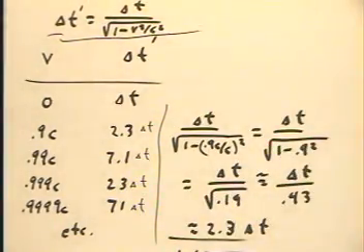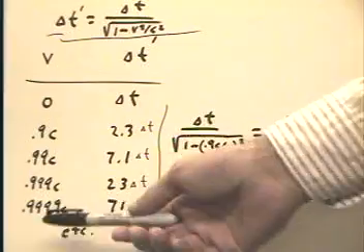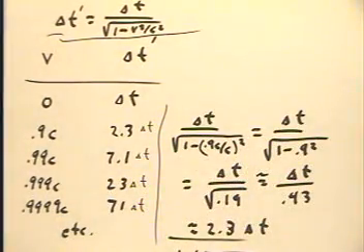Now, it's not just light beams, of course, that give us these results. Any time interval measured in the lab will be longer by the appropriate factor when we measure it while in relative motion to the lab at various speeds.